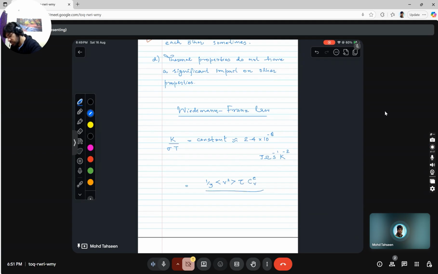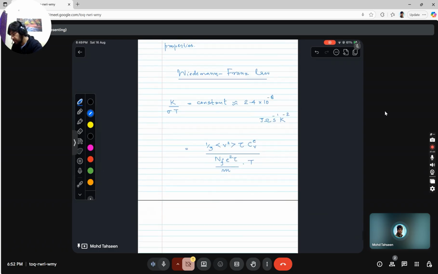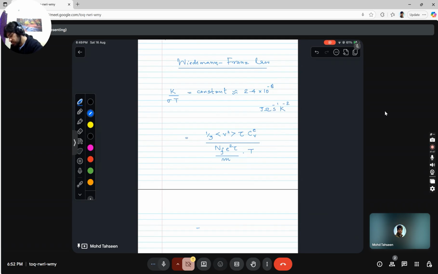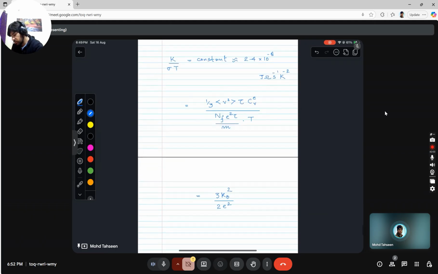The expression for sigma is, no, there's no 3, sorry, the expression for sigma is N e square tau divided by m, and then we have temperature T. If we simplify this expression, we see that this is equal to 3 times Kb, the Boltzmann constant, squared divided by 2 times e square, where e is the charge on the electron. If we put in the values for the Boltzmann constant and the charge of the electron, we get this quantity to be of this order.